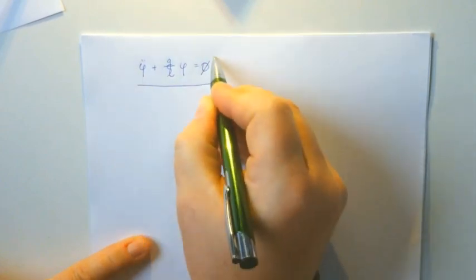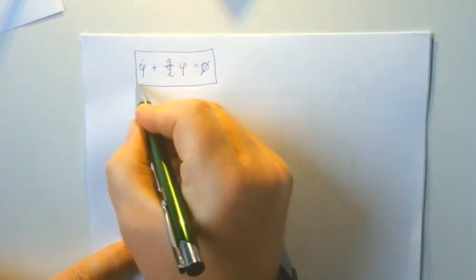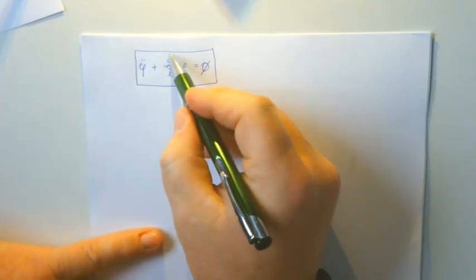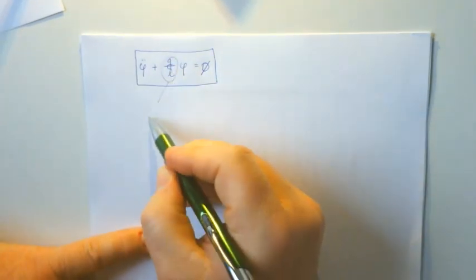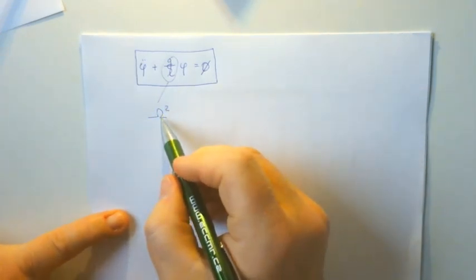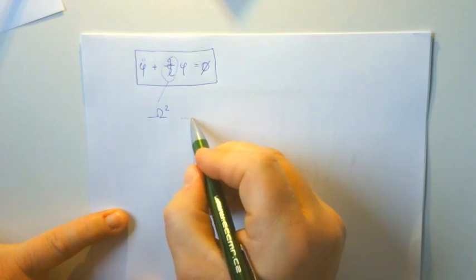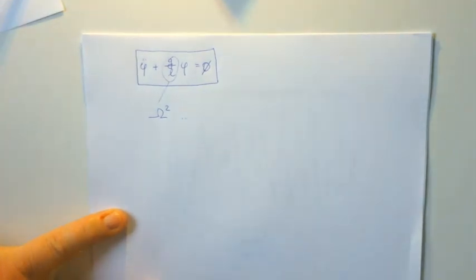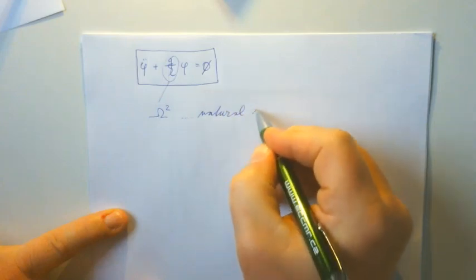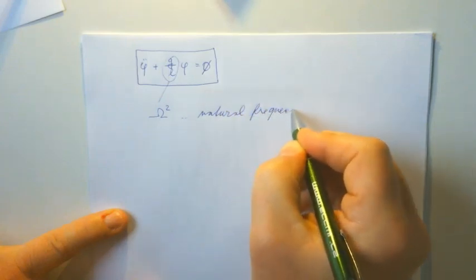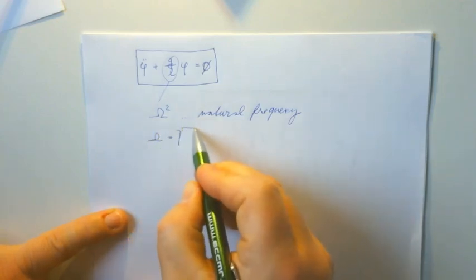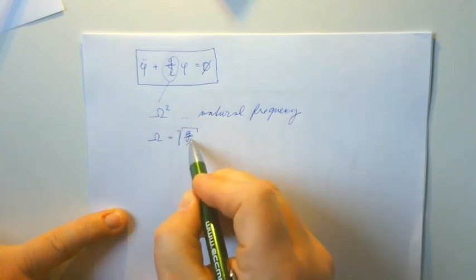This is the principal equation of motion. So it's possible to prove that this value is omega squared. What is omega? Omega is the natural frequency of the system. So omega is the square root of g over L.